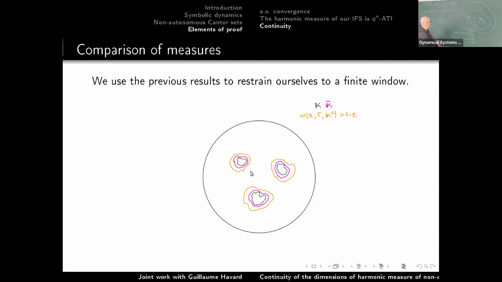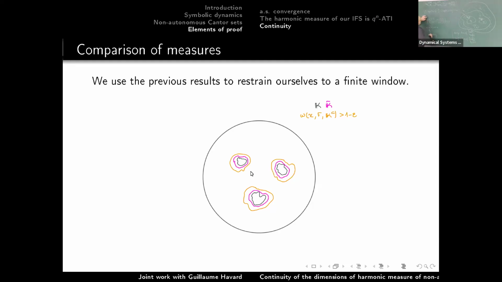Now, of course, if you have a cylinder, this depends on the size of the cylinder, because if you have a cylinder of size 1, it's okay. If you have a very small cylinder, this epsilon will go to 0 with the size of the cylinder. You can take 1 minus epsilon times the diameter of the cylinder. Never mind, the main idea is this one. If you are close enough to the cylinder, then you're okay. Now, the second idea is the following.